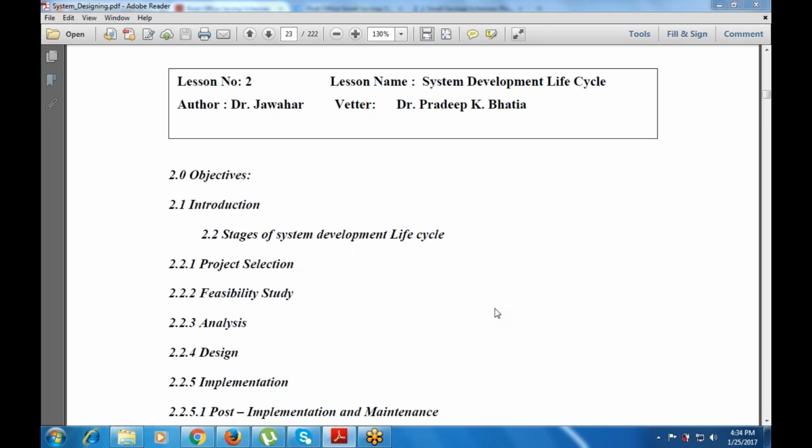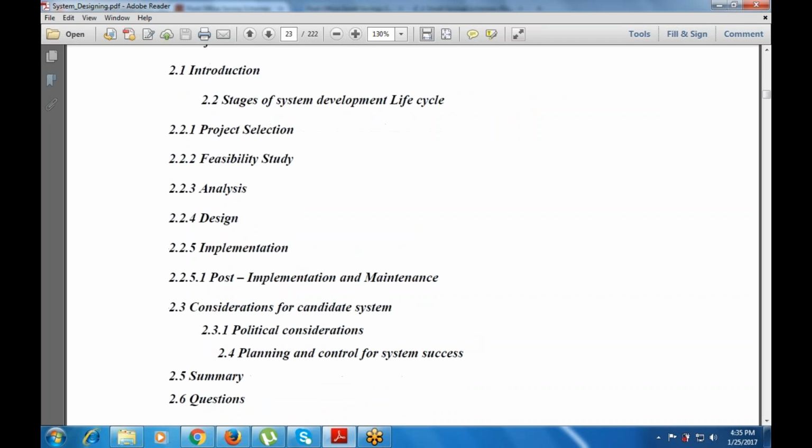That is used to find out what are the various scenarios, what are the various terms that is used, whether to proceed with the existing or whether to use the analysis, design, implementation, post-implementation maintenance, and then consideration of the candidate system, planning conversions or planning considerations.